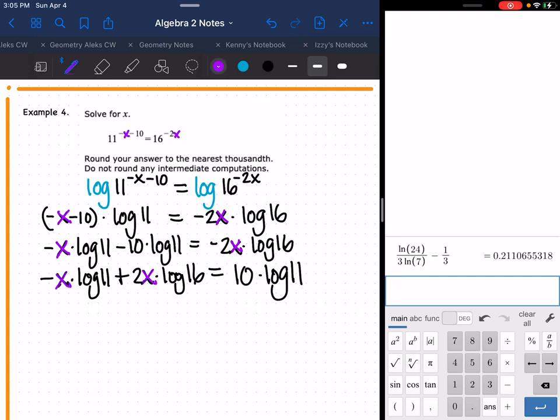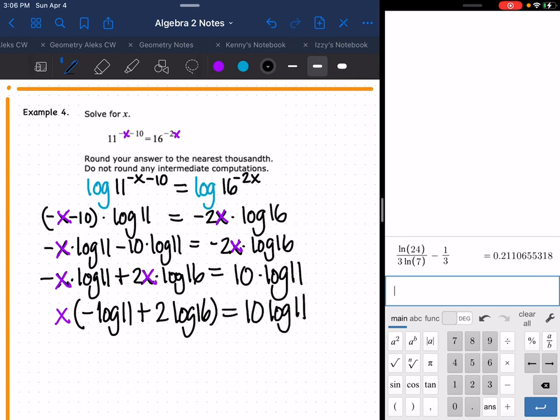And so the next thing I'm going to do is factor out the x. So I'm going to put x, and a parentheses, and then show what's left when I take that x away. Well, from the first one, I get negative log 11 plus 2 log 16. And then I'm doing nothing to this side over here. Okay?